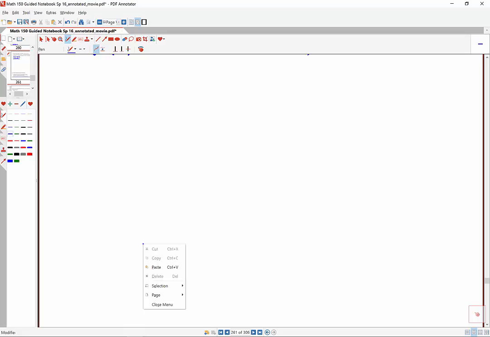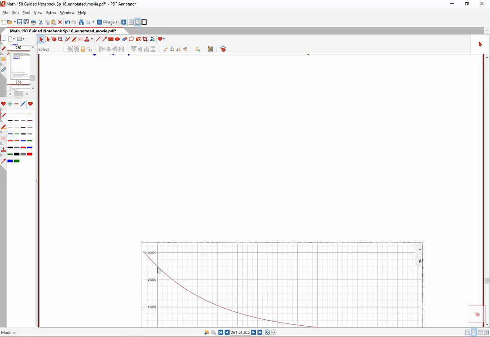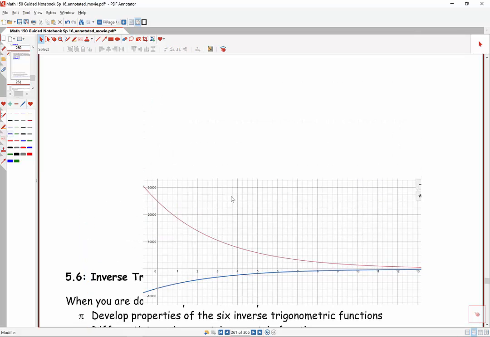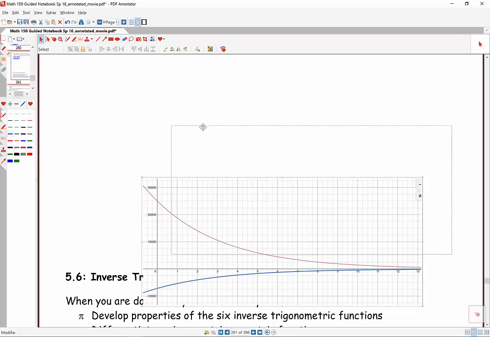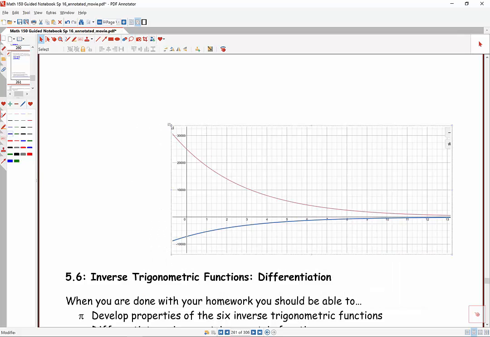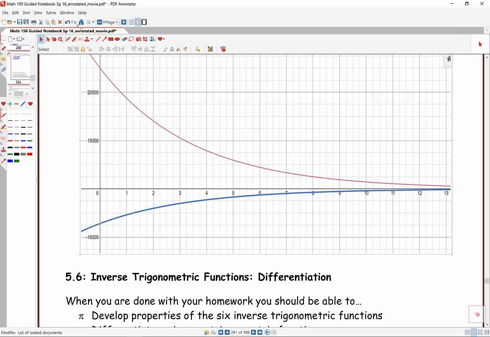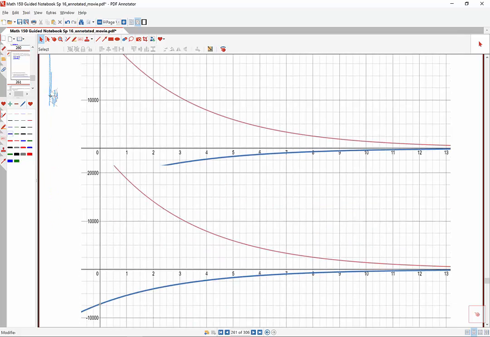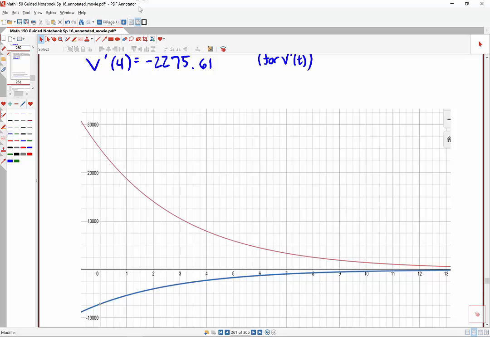Paste. Okay, so perfect. We've got our screen capture.